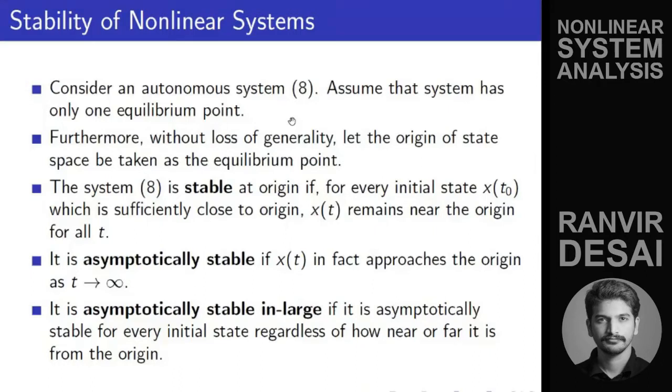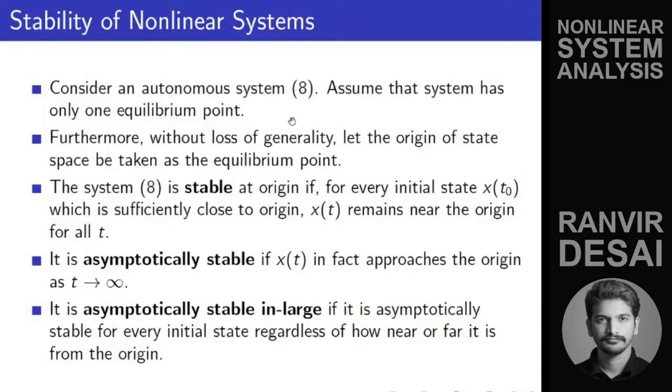Generally we say stable. When we say an equilibrium point is stable, it is referred to as locally stable. So this system is locally stable at that origin in that region of radius 3. That is the meaning of this.